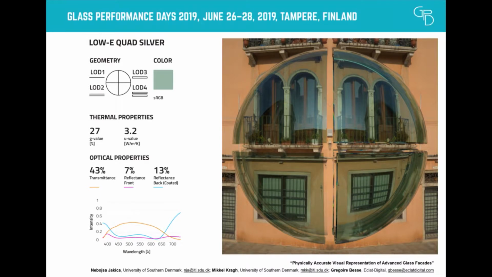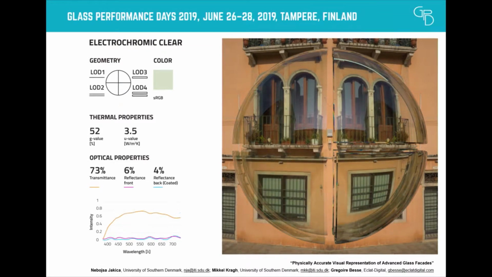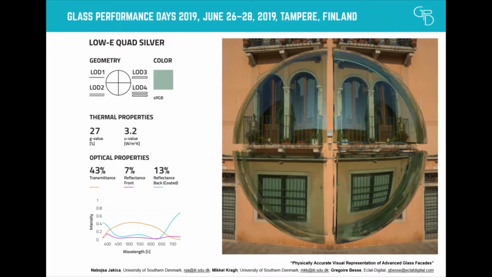And this is quite a good comparison, having in mind that you can visualize all the energy parameters of the glass and optical parameters, and also a side-by-side comparison of the glass visualization. That is quite handy to understand what the effects of the spectral curves are and how they are visualized in actual glass samples.